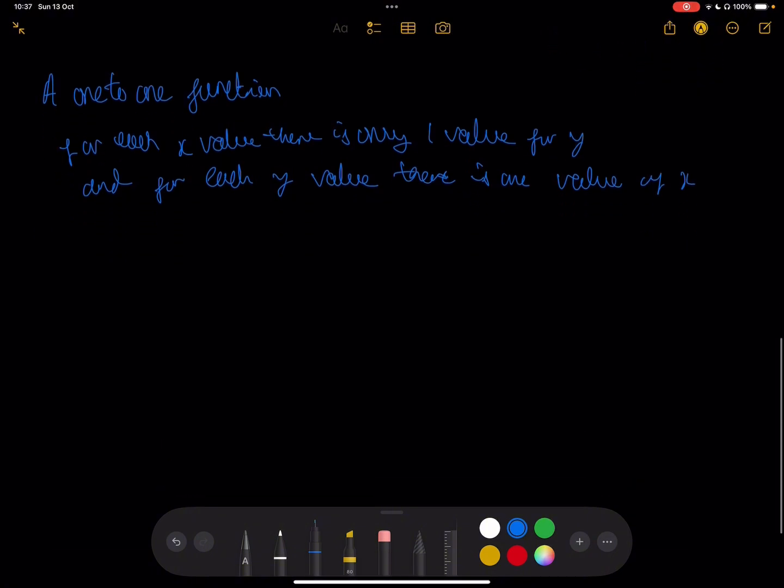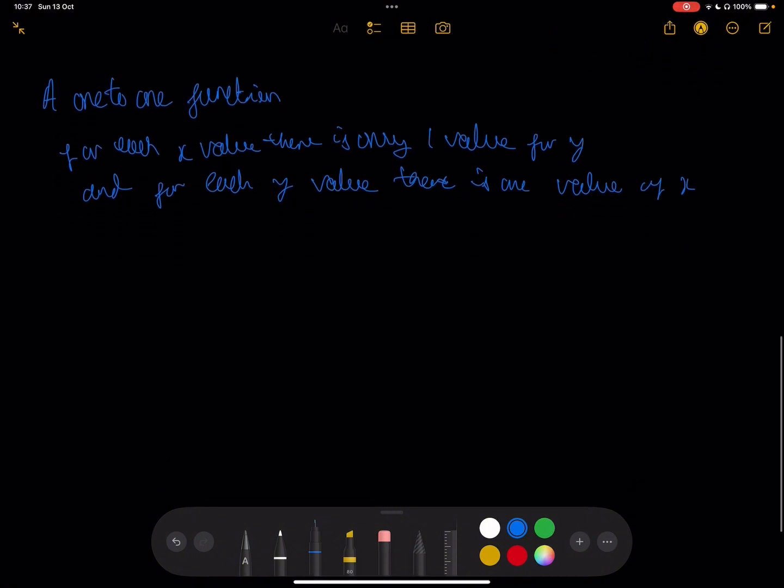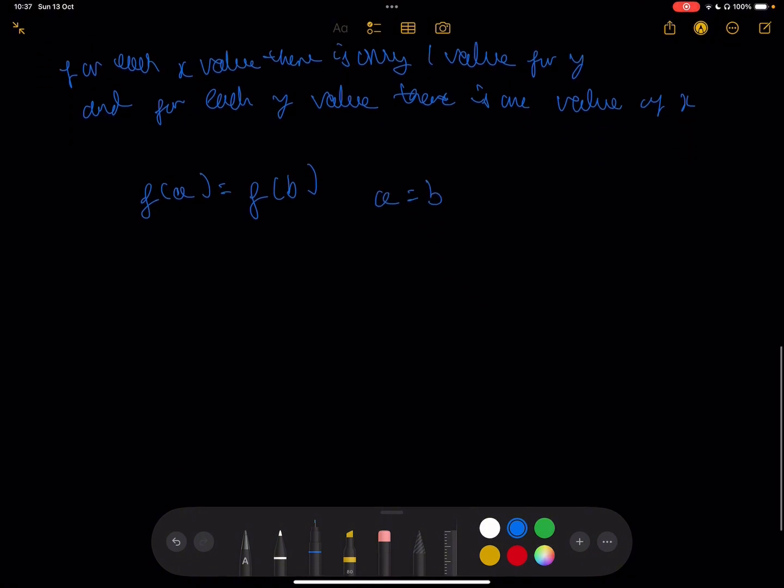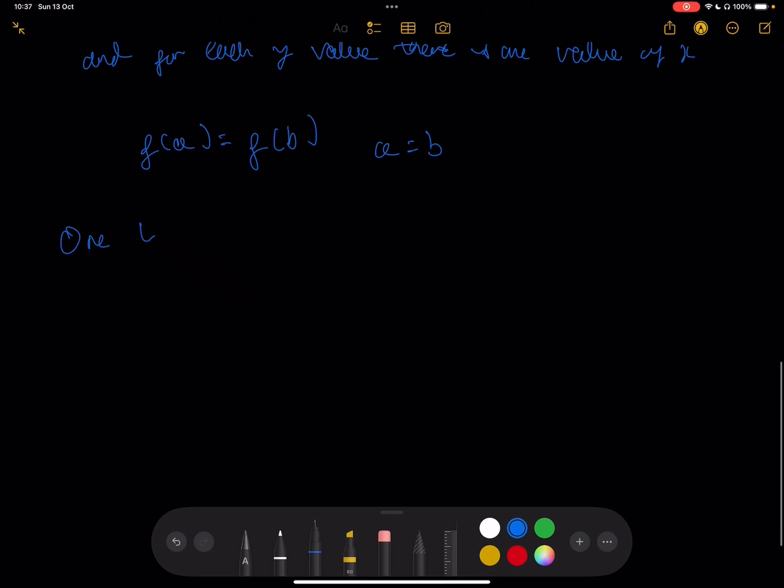Equivalently, a function is one-to-one if f of a is equal to f of b only where a is equal to b.